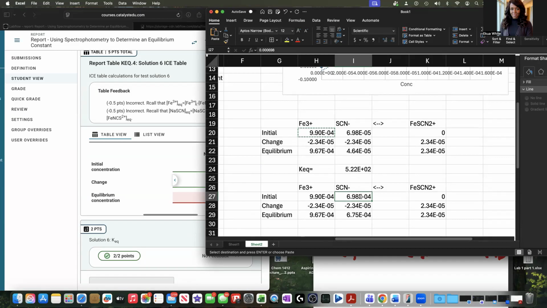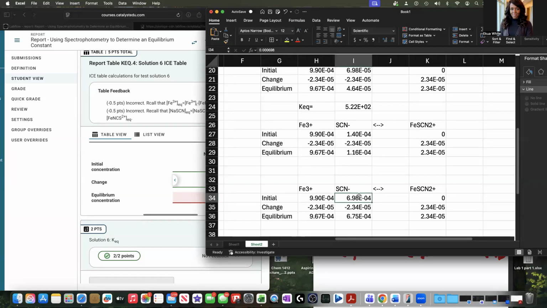This second one here will be 1.396 exponent negative 4, right? This one will be 2.094 exponent negative 4.